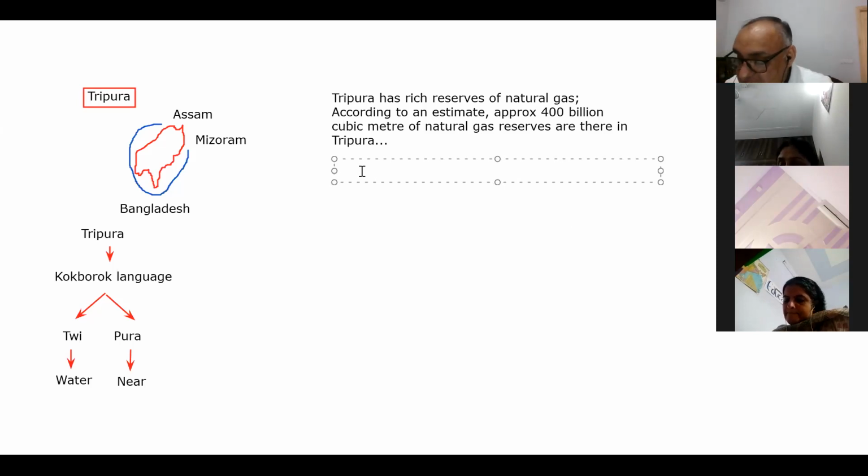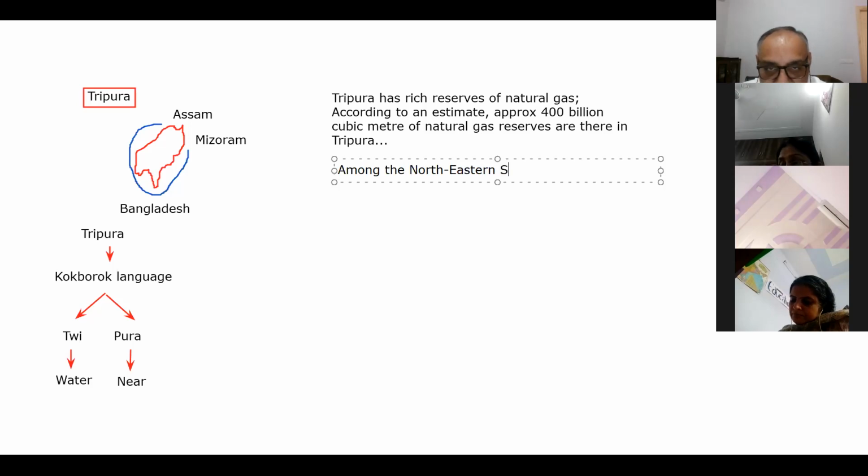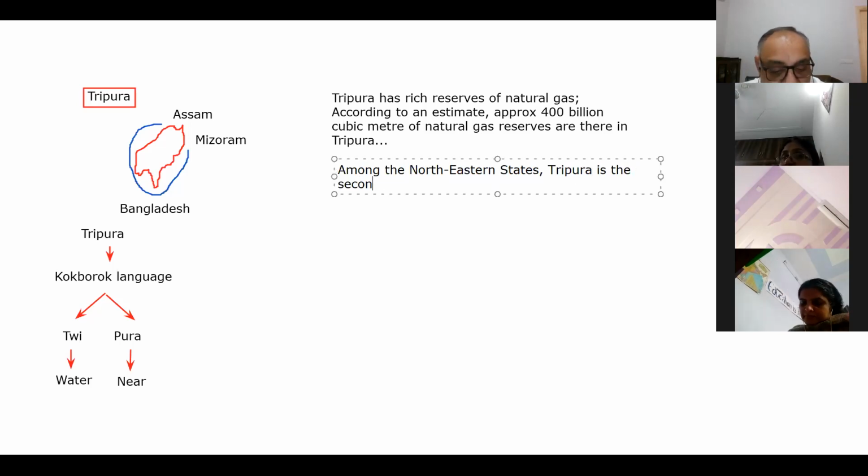So the next thing is as far as the population is concerned. Beta, among the northeastern states, Tripura is the second most populous state after Assam.